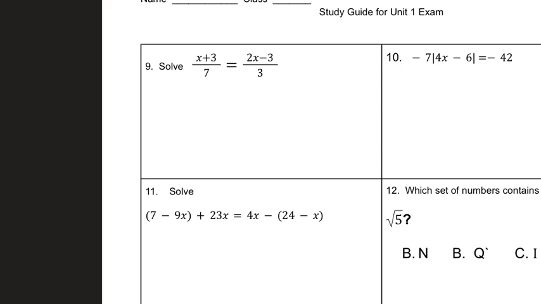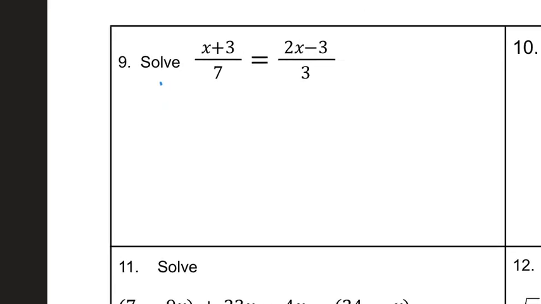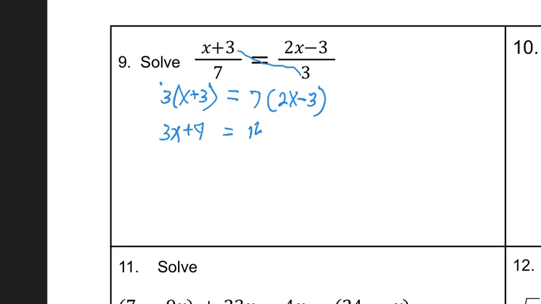So if we want to do that, we can say x plus 3 times the 3, you got to distribute that 3, equals 7 times 2x minus 3. So 3x plus 9 equals 14x minus 7 times 3 is 21. Get rid of the smallest x's.